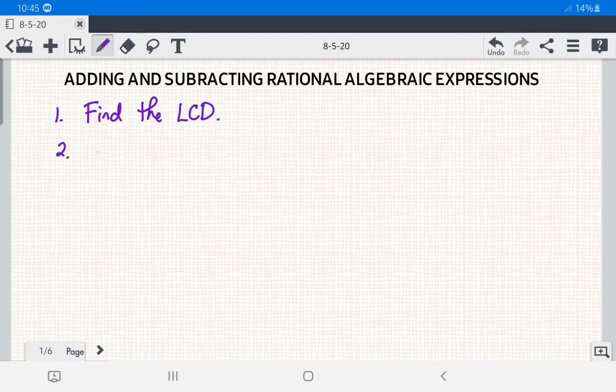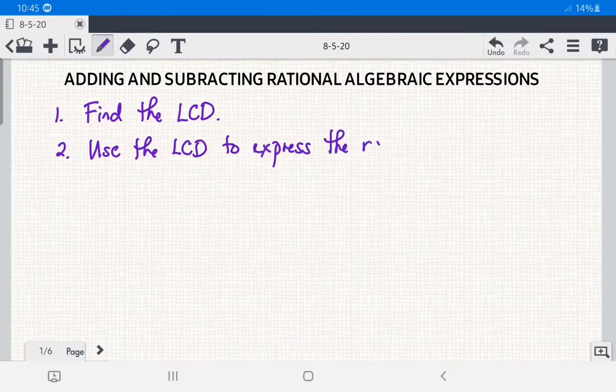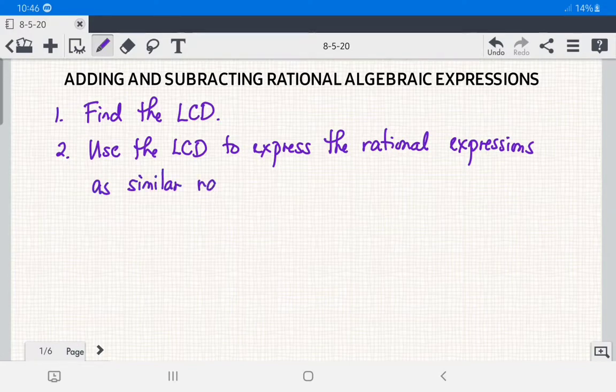Number 2, we're going to use the LCD to express the rational expressions as similar rational expressions.